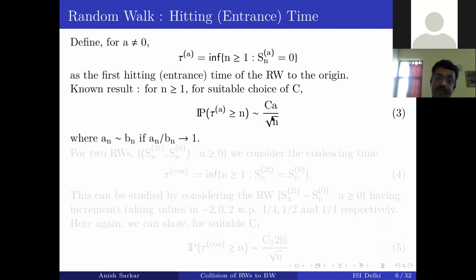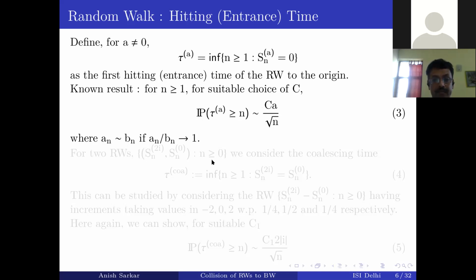This happens in finite time, and this essentially means root n times this probability converges to a constant. A is fixed, and if you start at A, this is like a constant times A. If you start at, let's say, A plus 2, then it would be the same constant times A plus 2.